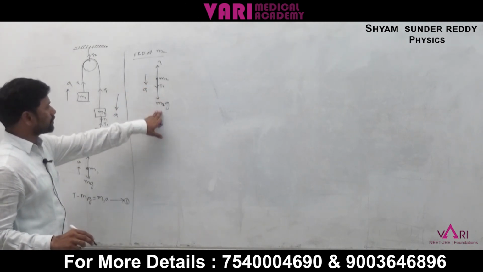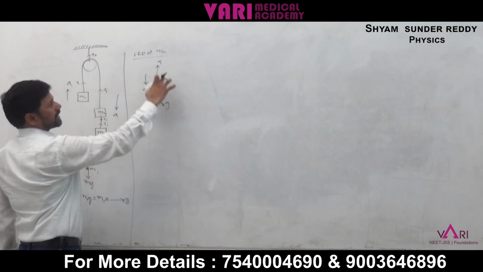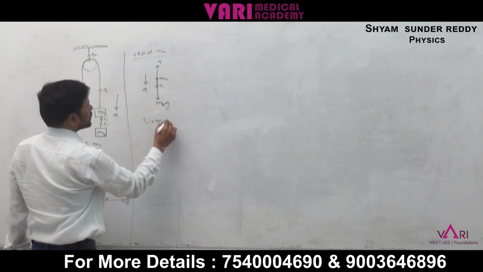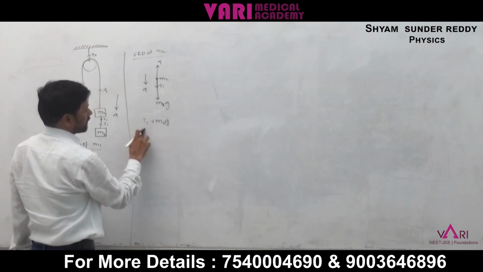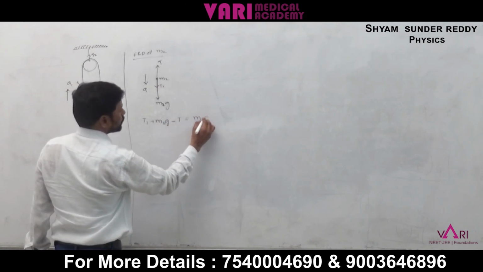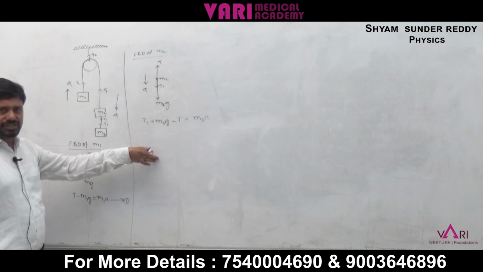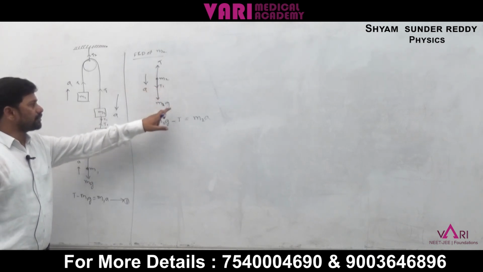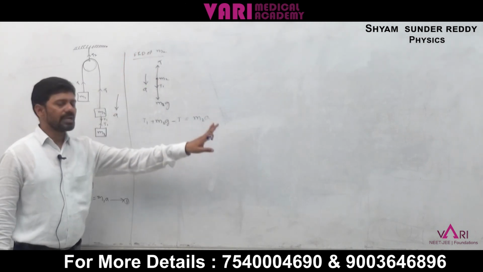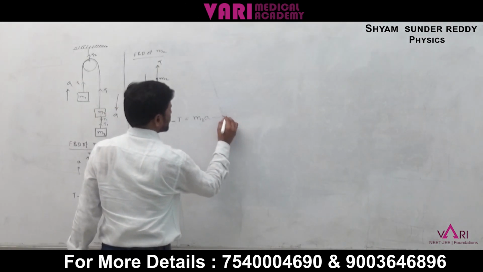M2g and T1 is more compared to T, so this force minus this force: T1 plus M2g minus T is equal to M2a. These two are working in downward direction, that's why I take T1 plus M2g minus the tension force is equal to total force M2a. Take as the second equation.